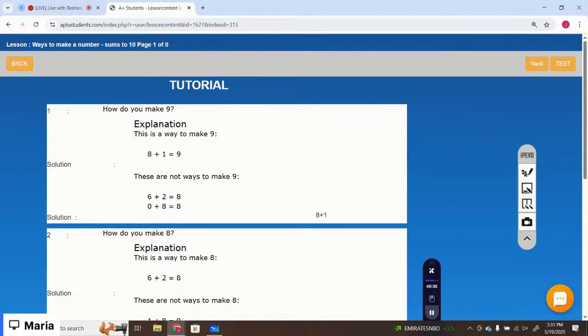So you are given four options. You need to select the one option that makes nine, right? So the correct option is 8 plus 1 equals 9. Let's just start with the test questions.